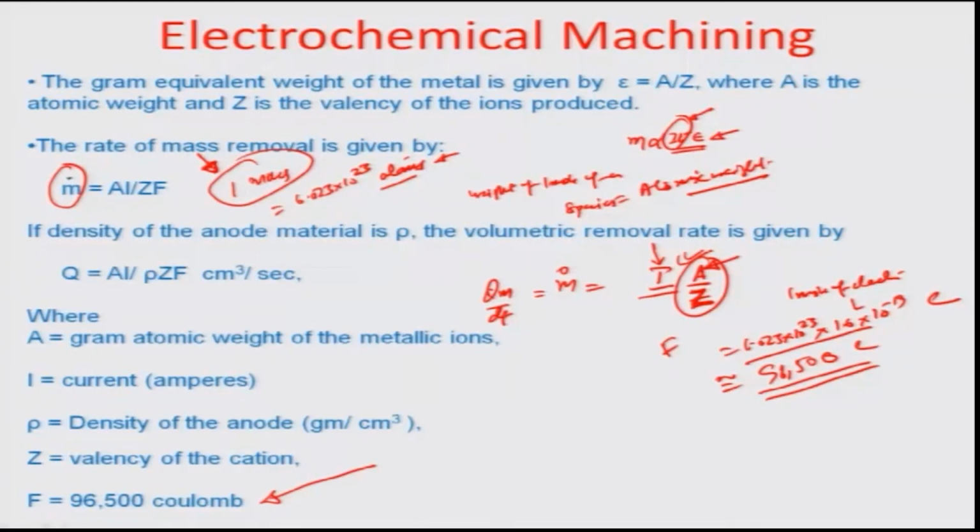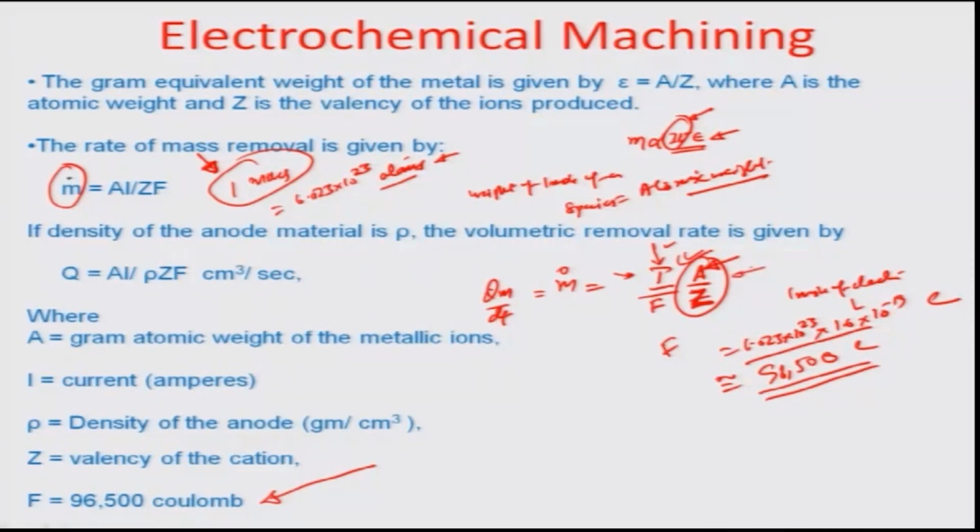So, if I were to divide this I, which is dq by dt, the rate of transfer of charge into the electrochemical setup, by this term F, it would typically mean the rate of molar change of charge within the species. And it would be a very good way because in 1 mole you know that A by Z mass is removed.